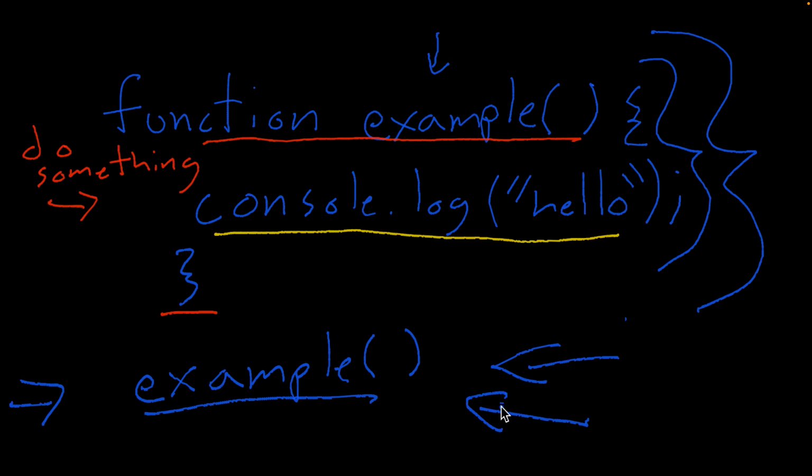For sports fans, this is the team going into position, and this is the quarterback saying hike. That gets it to start. Without the function call, everything is just ready to be played, ready to start, but it's not going to do anything unless you call the function. So you need to call the function in order for it to work.